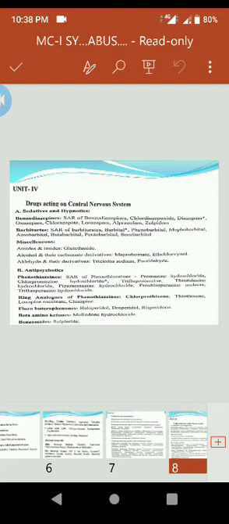Subdivision B, antipsychotics. The drugs are phenothiazines, ring analogs of phenothiazines, fluorobutyrophenones, beta aminoketones, and benzamides. The next subdivision is anticonvulsant drugs.